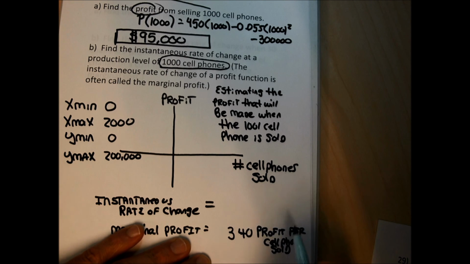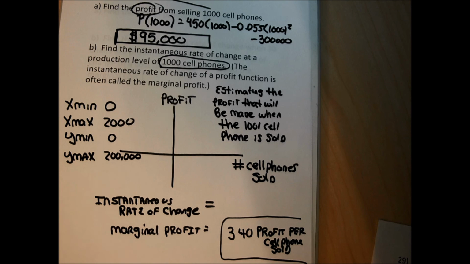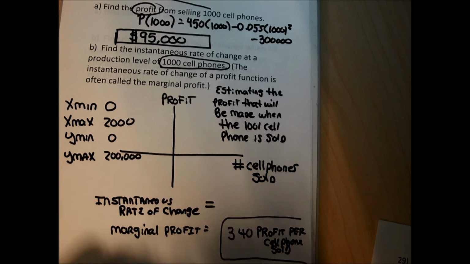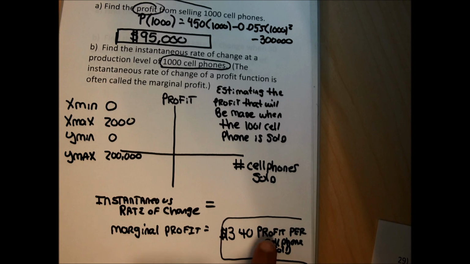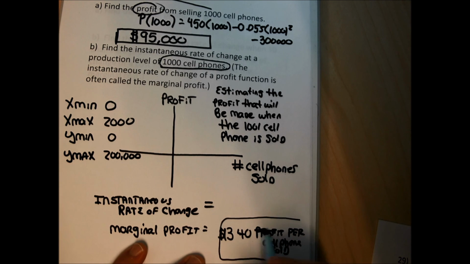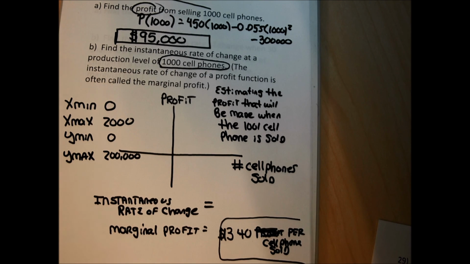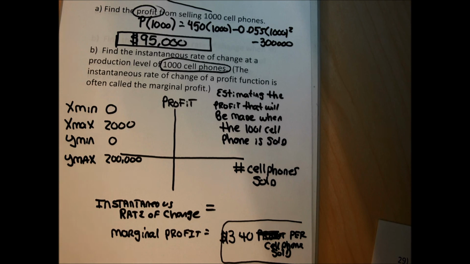So the important part of my answer is that the instantaneous rate of change is $340, and I should probably say, per cell phone. I probably didn't even need to write profit. I could have said I'm going to be making $340 per cell phone, and with the dollar sign it implies that it's a profit because this is a profit function.